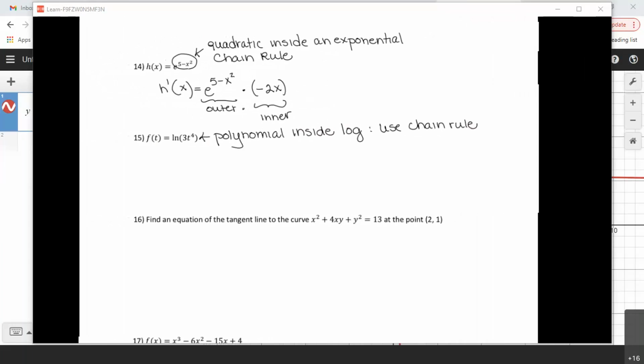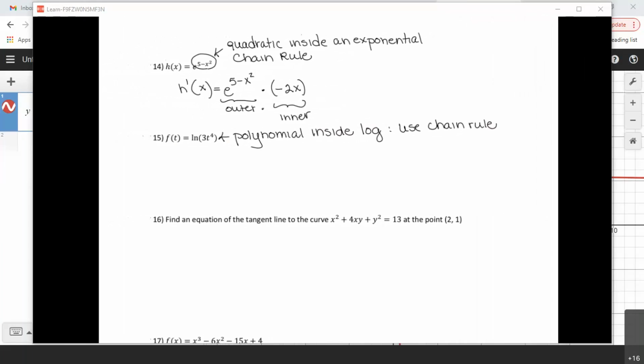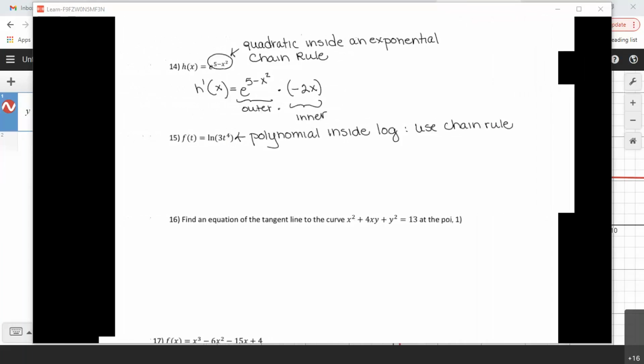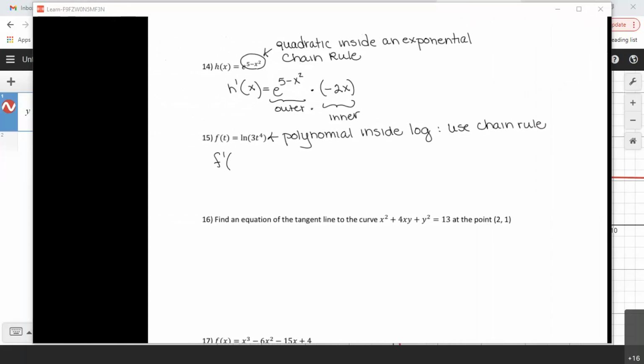Well, you might remember the way you take the derivative of log, it's 1 over its argument. So let's do f prime of t equals 1 over 3t to the fourth, right? And then that's the outer function. And then I need to multiply that by the derivative of the argument to log.